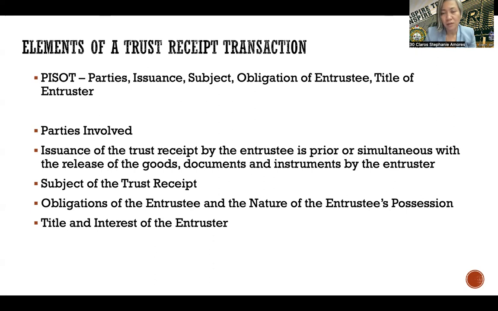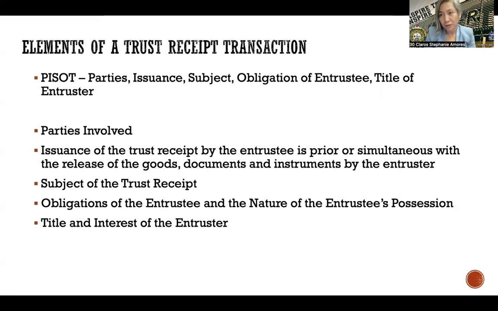Then S stands for subject of the trust receipt. So the subject of the trust receipt is GDI, goods, documents, or instruments. Then O stands for obligations of the entrustee and the nature of the entrustee's possession. So remember the twofold obligations of the entrustee, right?